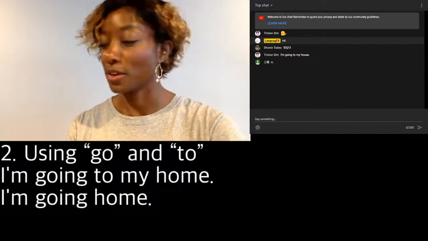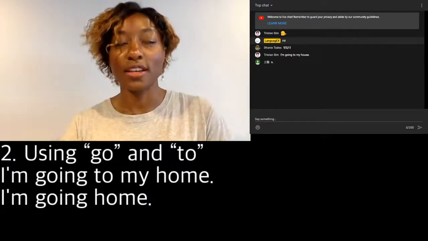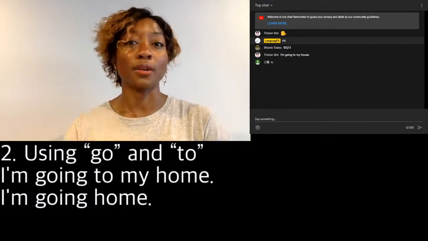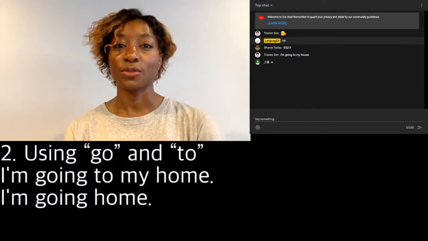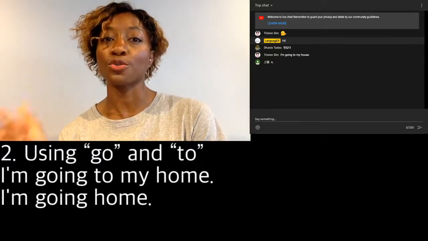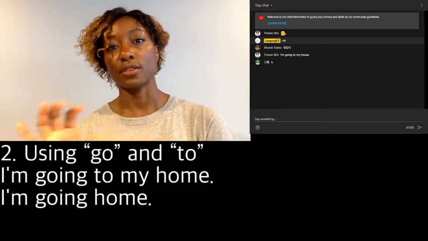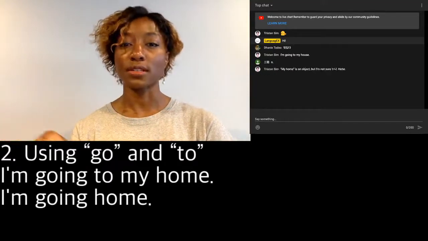Okay, so now you understand, right? When to use go and to. This mistake is very common among English learners. So for a few more examples, you said, I'm going to school. Right? The school is considered the noun in this sentence.